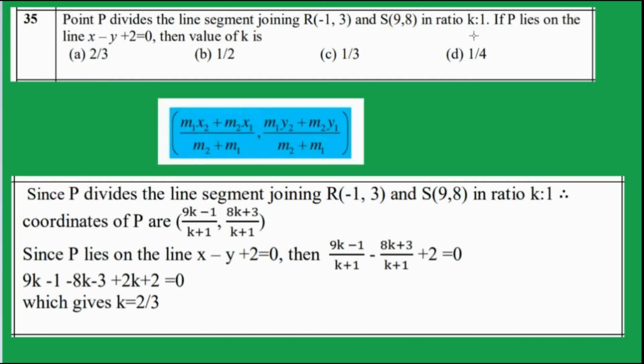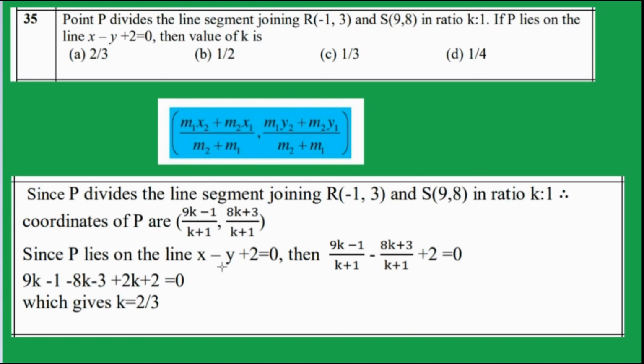We all know the section formula, which is given by M1x2 plus M2x1 by M1 plus M2, M1y2 plus M2y1 by M1 plus M2. So applying the section formula on R and S, we have to take minus 1, 3 and 9, 8 as x1, y1, x2, y2, K is to 1 as M1, M2. Applying, we will get the coordinates 9k minus 1 by k plus 1, 8k plus 3 by k plus 1.